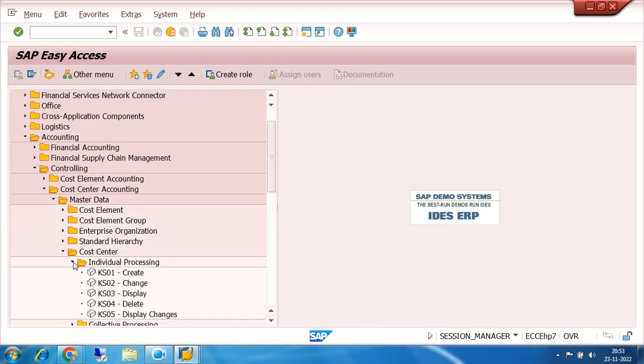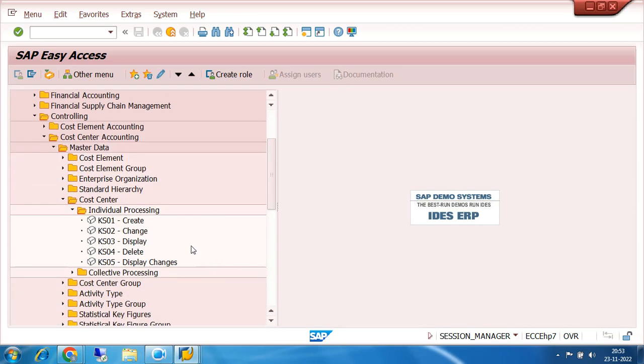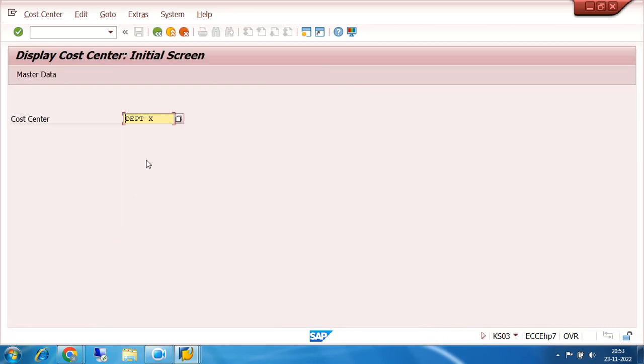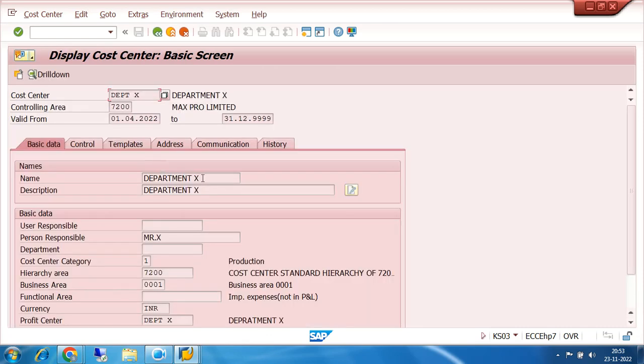Suppose we are paying salary, while passing the salary entry, we choose the cost center Department X. Automatically the same figure is reflected in profit center Department X. Why? Because in the master data it is linked itself.